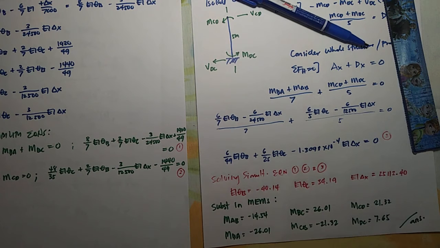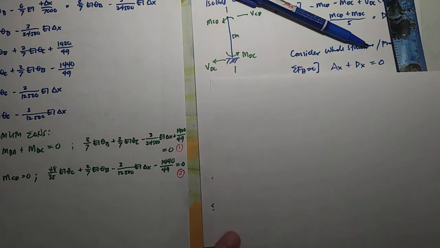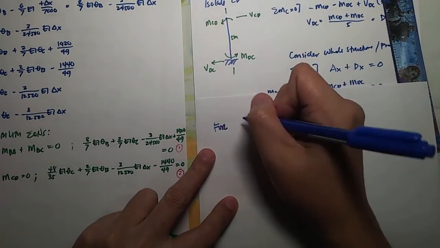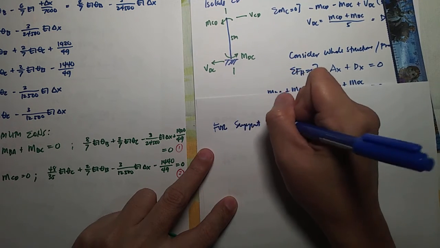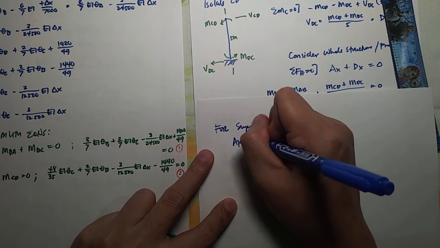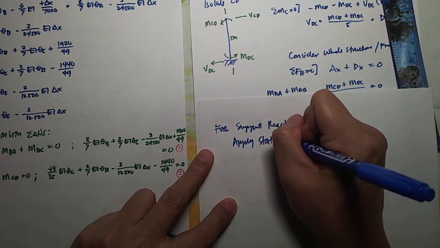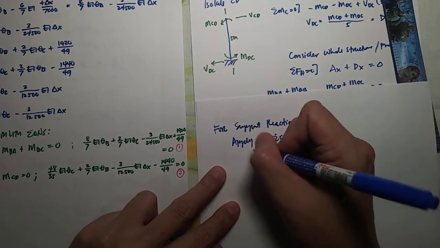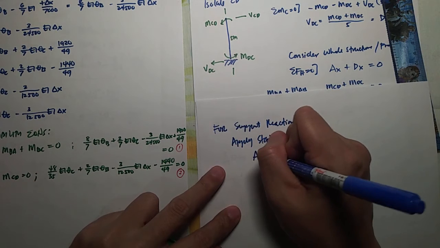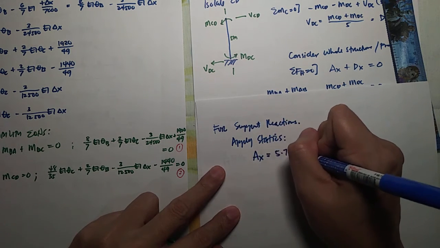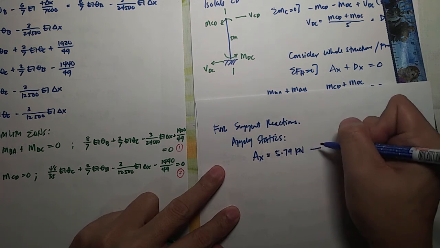So these are the member end moments. Then for the support reactions naman, you just have to apply statics. So let us apply statics. Okay, so applying statics, the support reactions would be AX would be 5.79 kilonewton, which is directed to the right.